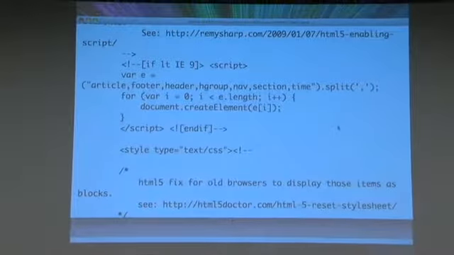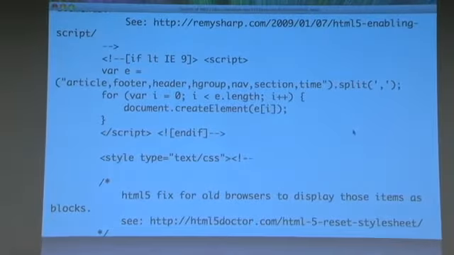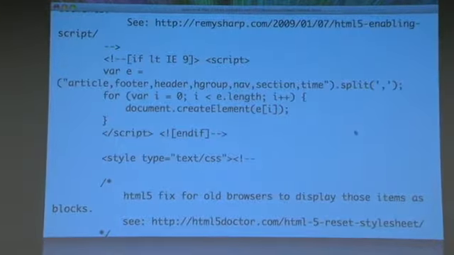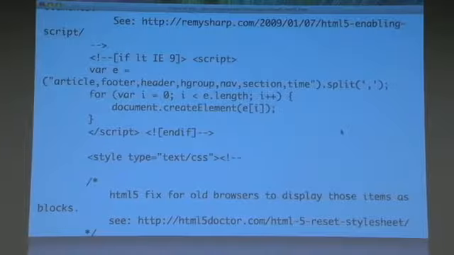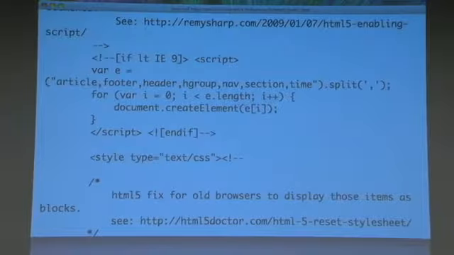So in this case, the article element, the aside element, all of this stuff doesn't exist quite yet, so it's not going to apply this block style to it. The fix is to run some JavaScript code that loads all of these elements into memory. You're just creating an element with these names, and having Internet Explorer load it into memory.